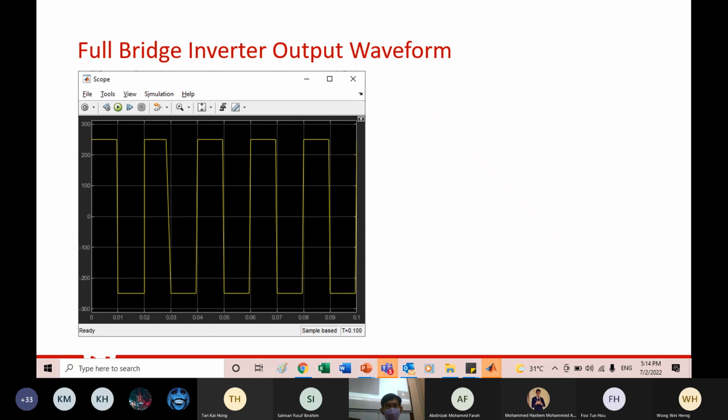For grid connected, your THD must be less than 5%. So 5% to 50% is 10 times. So you can use it for low power application, but you cannot use it for grid connected or any equipment that requires a sine wave output.